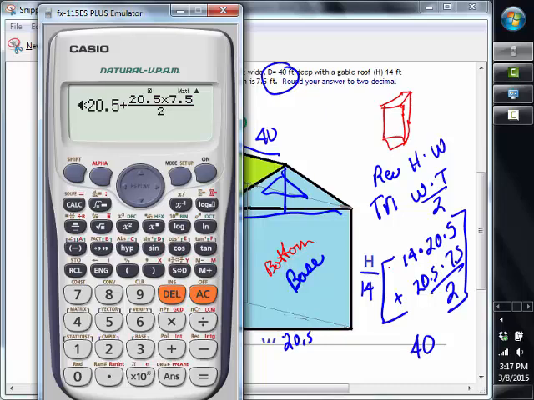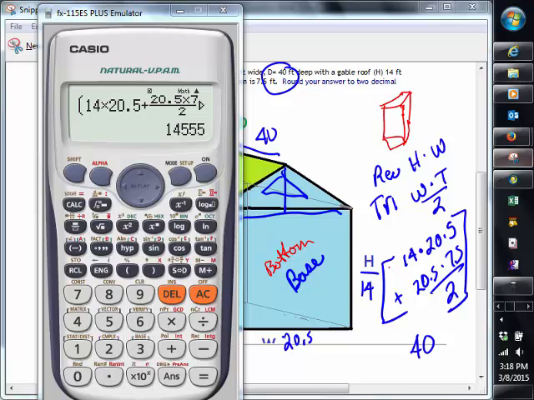Now we're going to close the parentheses and then multiply that by 40, and we get 14,555.